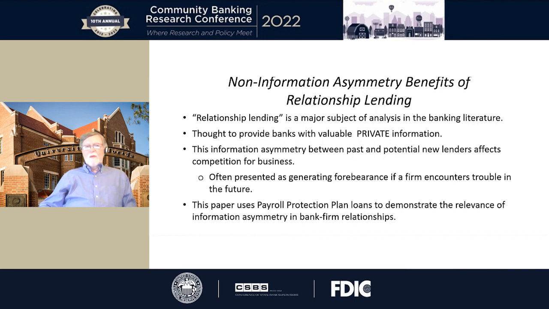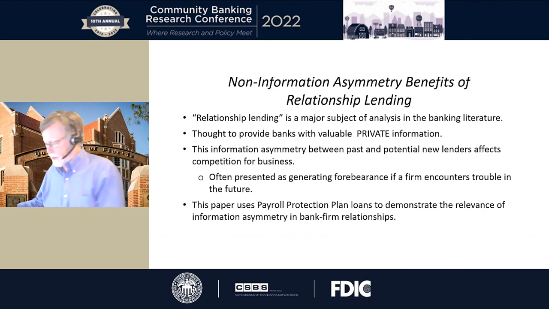Now, that creates an information asymmetry problem between the existing lenders and any new lenders, and that of course affects how there's competition in the loan market. So this paper uses the PPP loans to demonstrate the relevance of information asymmetry in bank firm relationships.